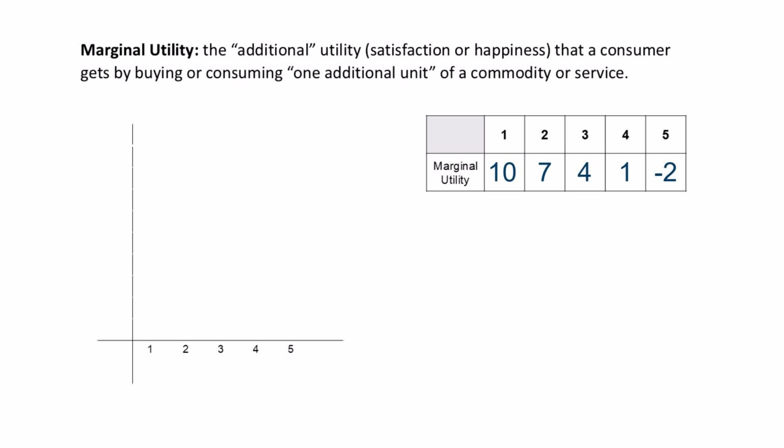Using these numbers, we can also plot a graph to understand marginal utility. What is the marginal utility from the first cup of water? It's 10. And the utility from the second cup of water is 7. And the marginal utility from the third cup of water is 4. Let me do one more. The marginal utility from the fourth cup of water is only 1.